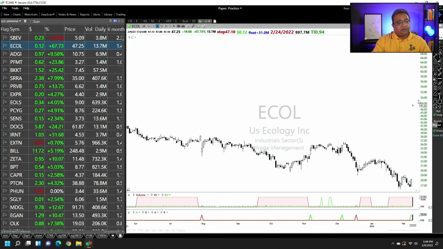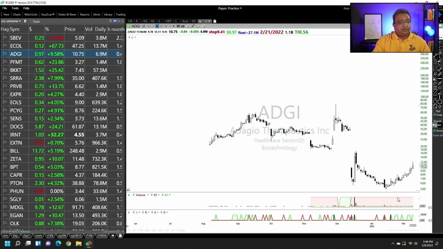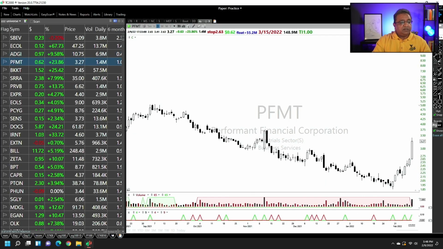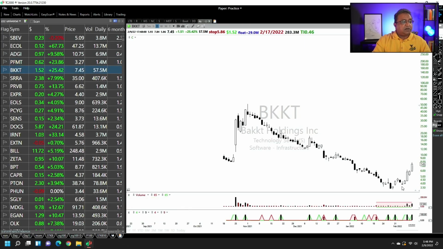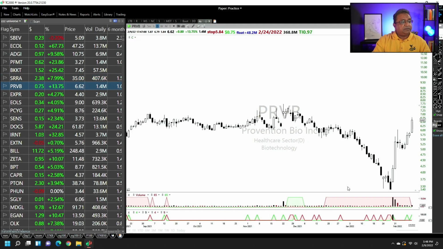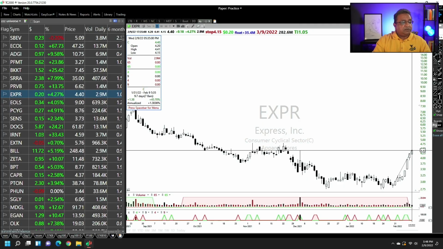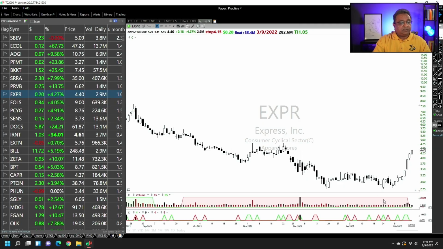This stock, obviously, because it gapped up. Or ADGI is a stock which has very high 1 month momentum. Here is a stock, and this is a stock which has very high 1 month momentum. These are the stocks which are going up the most in the last 1 month.